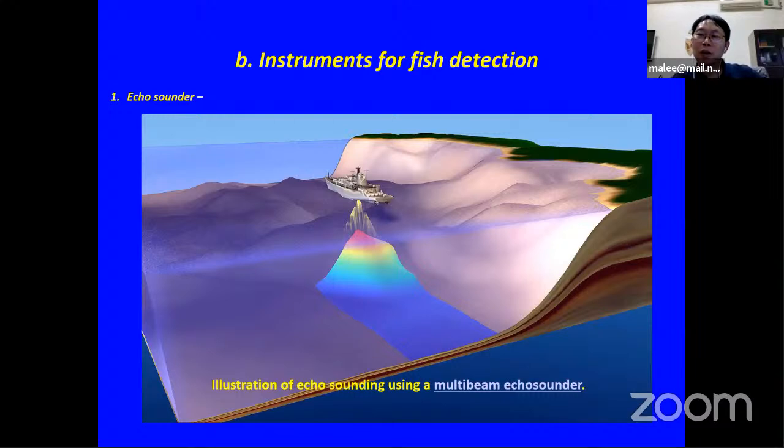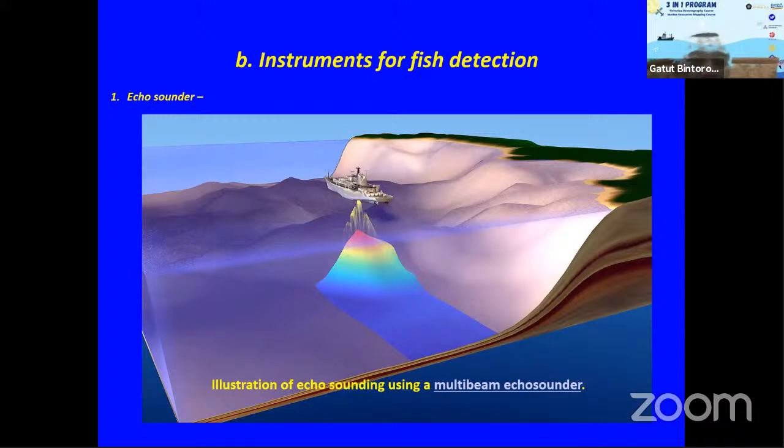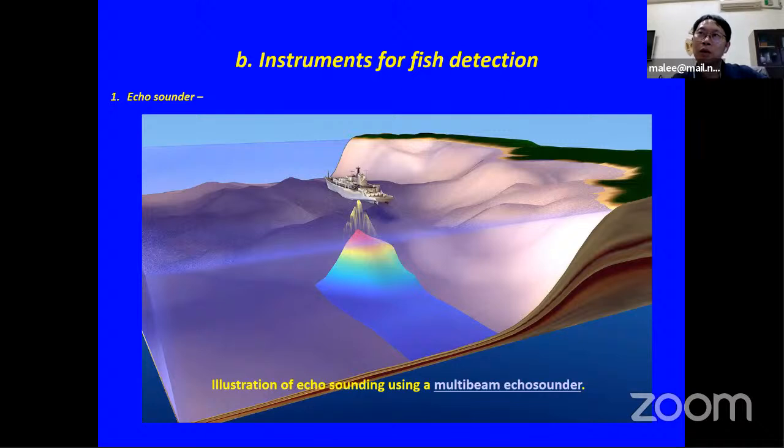For example, the surface temperature is 28, and you can use a CTD, conductivity, temperature and depth, to detect where 27 degrees Celsius is, or its depth. If we can detect that depth, we can tell whether the mixed layer depth is deeper or shallower.